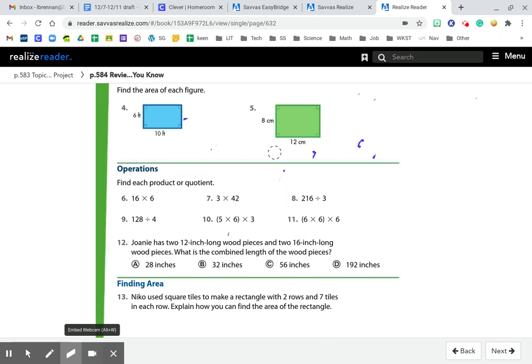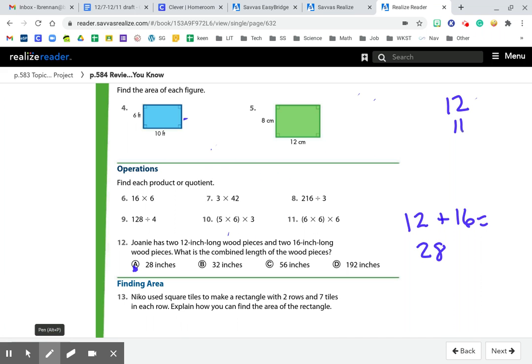Simple addition, 12 plus 16. If we add the 10s, we have 20. And we add the 1s, we have 8. So we have 28. You can also do the algorithm, line it up, add it up, whatever you need to do.